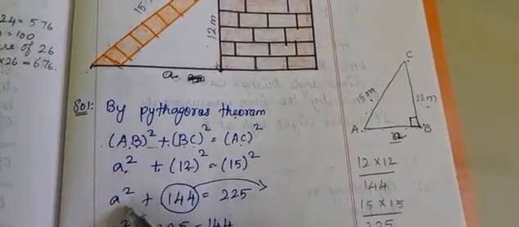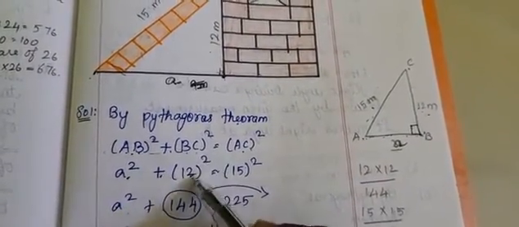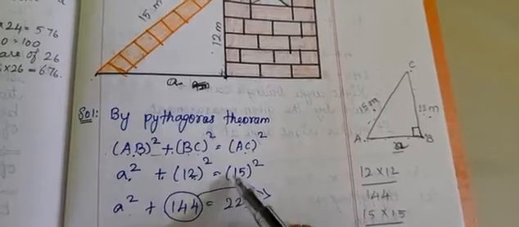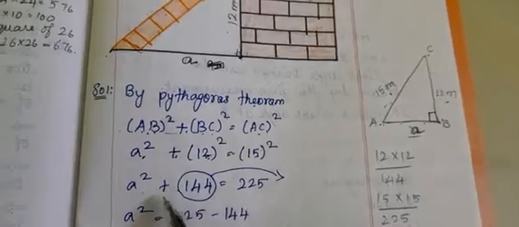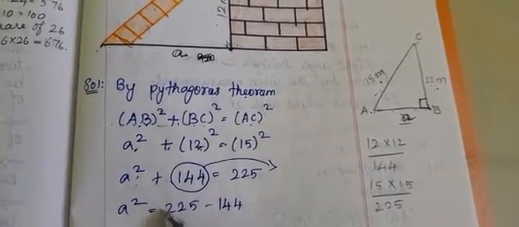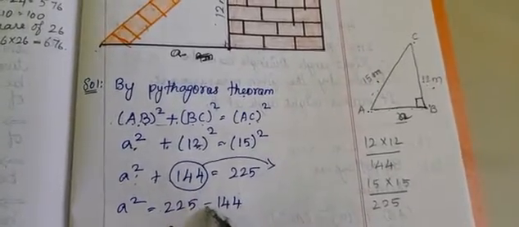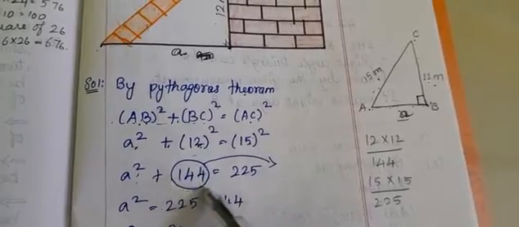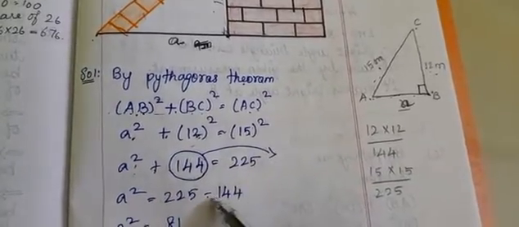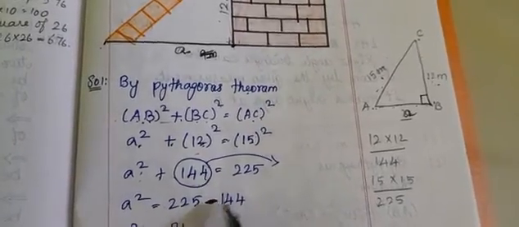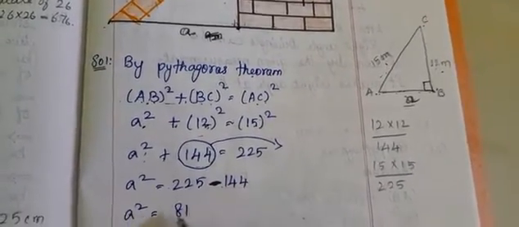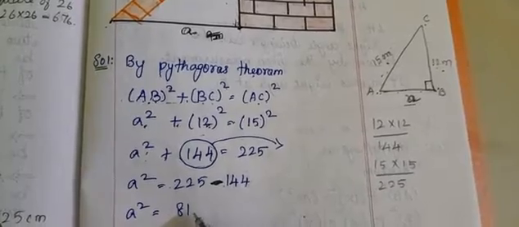So A square plus 12 square. 12 12s are 144. 15 square, 15 15s are 225. Next, A square is equal to 225 minus 144. If you transpose 144, it turns to minus 144. So 225 minus 144 is 81. So A square is equal to 81.